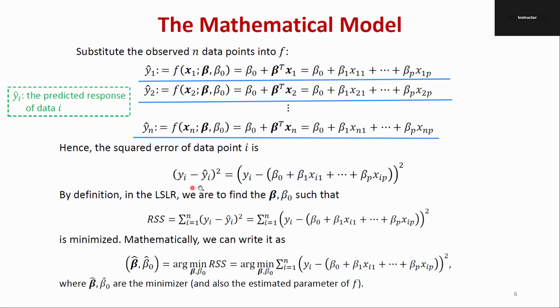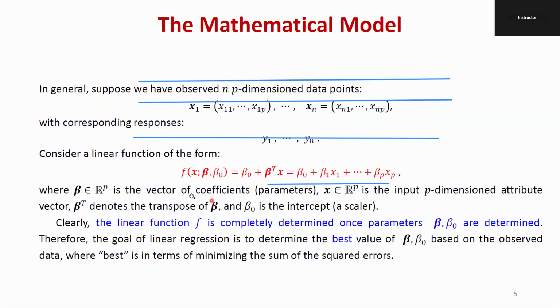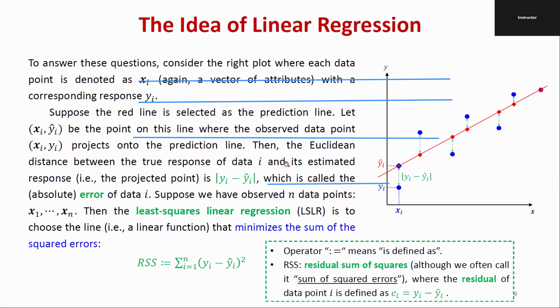Now remember, we define this as a squared error, where yi is the true response of data point i, and yi hat is the response predicted by this function. Then I square it, and I just substitute, because this y hat equals this. So I have the RSS equal to this.